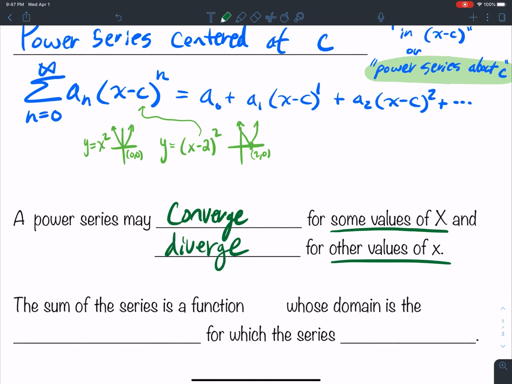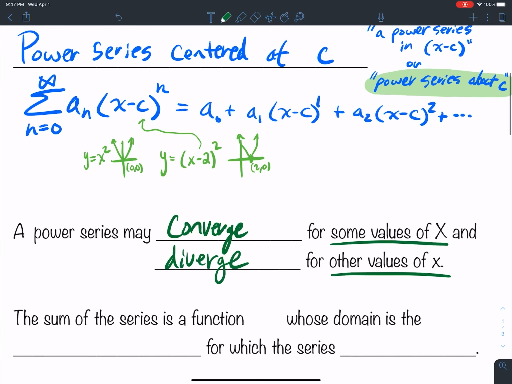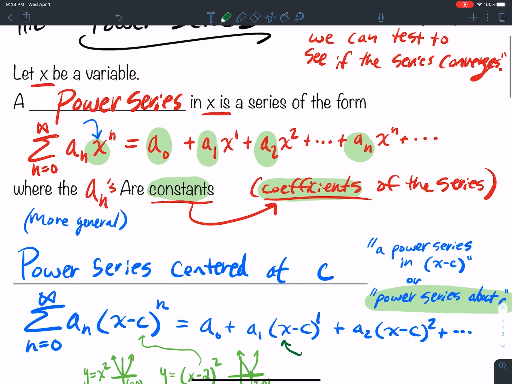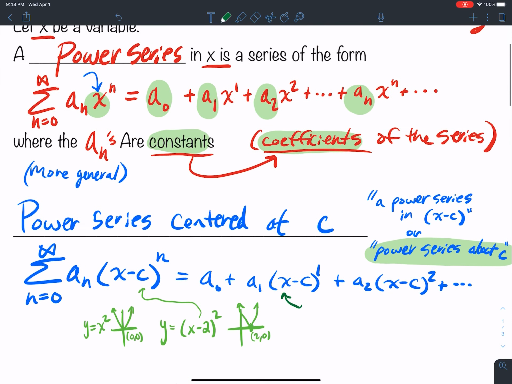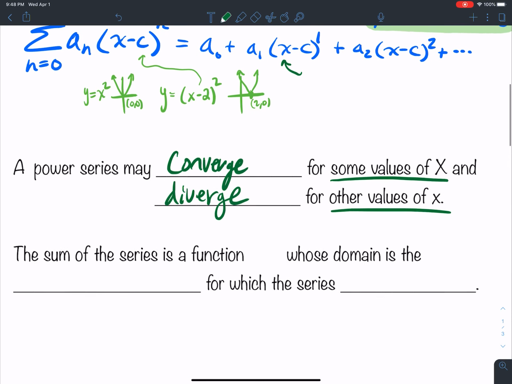So some values of x that I plug into my series will cause it to converge, while other values of x that I plug in will cause it to diverge. So really, we're just trying to see what values of x the series will converge for. That's what we're truly interested in.